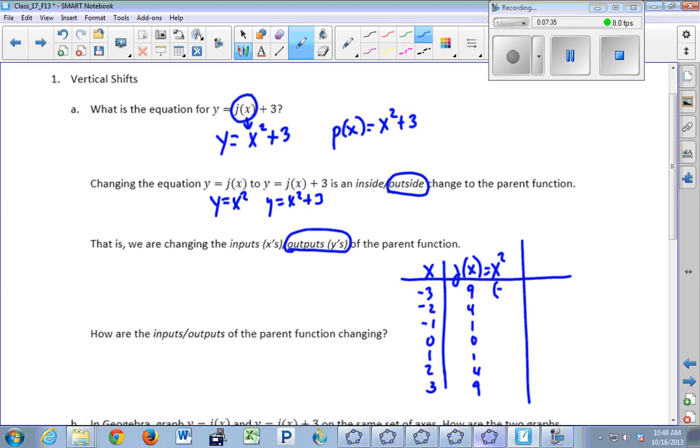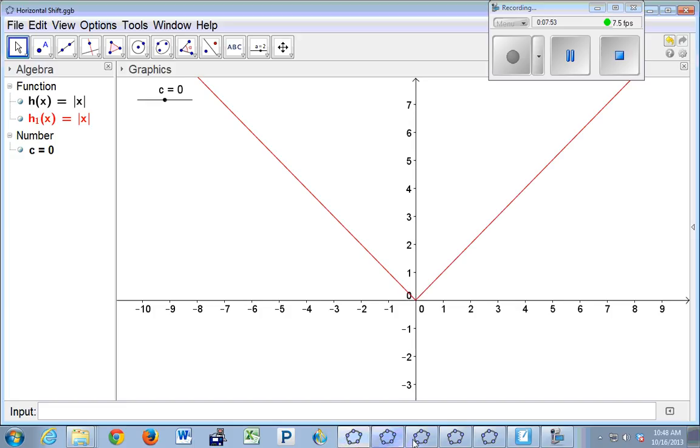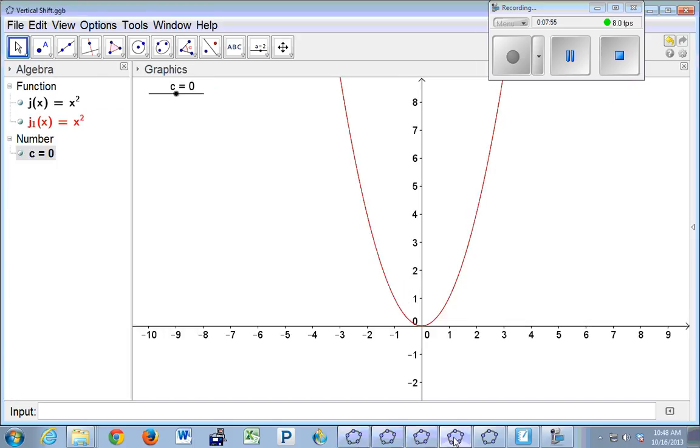So my points on my graph, if I were to graph it, would look like this. Just your standard x squared parabola. Okay. So we all know what that looks like. Okay. And if I called it up, there we go. So there's j of x.